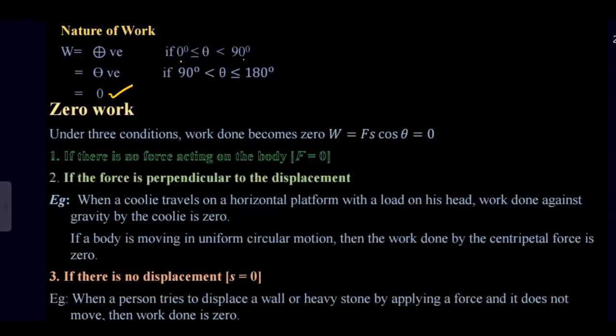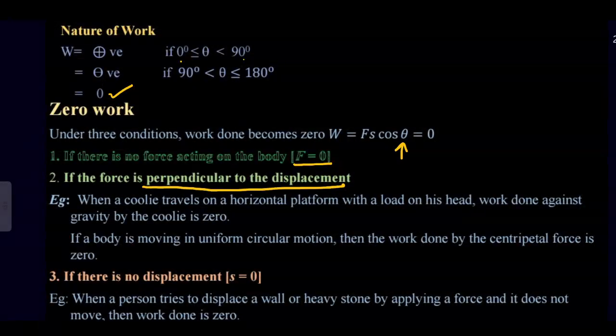You can see here, if the force is 0, work is 0: Fs cos theta, F is 0, work is 0. Next, if theta is 90, that means the force is perpendicular to the displacement. Just imagine you have taken one object, lifted it like this and are moving like this.